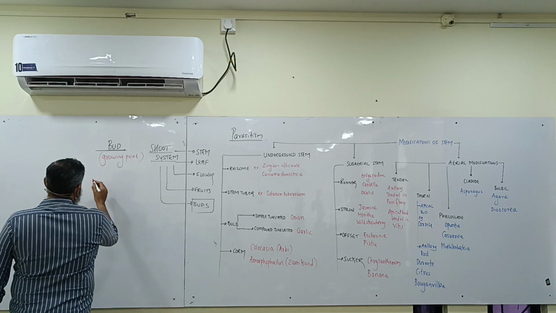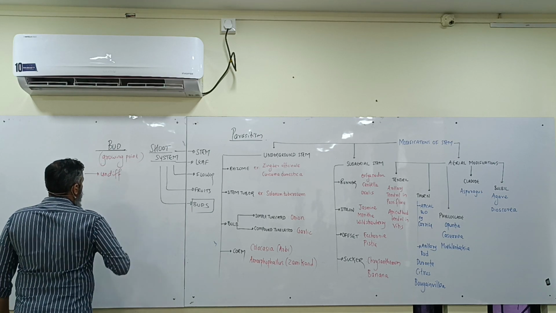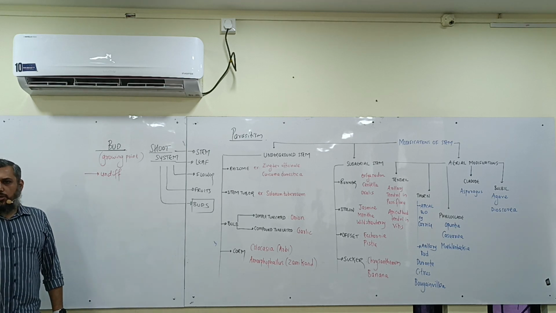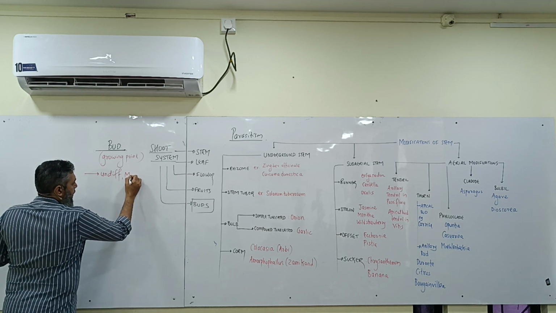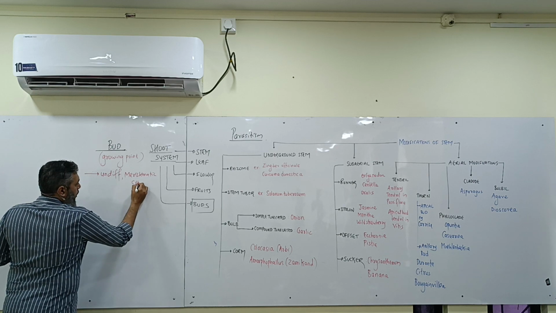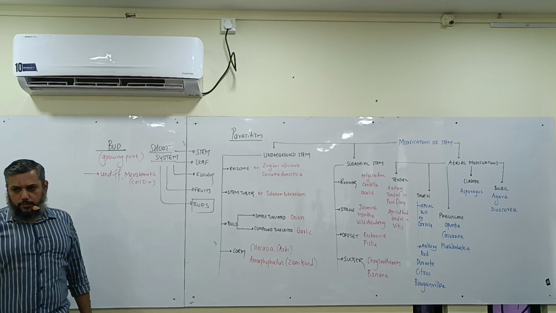The cells are undifferentiated. So tell me, what do I mean by undifferentiated? All the cells are the same. There is no division of labor. And the cells are meristematic. But they keep on undergoing cell division. So that is why it is a growing point.